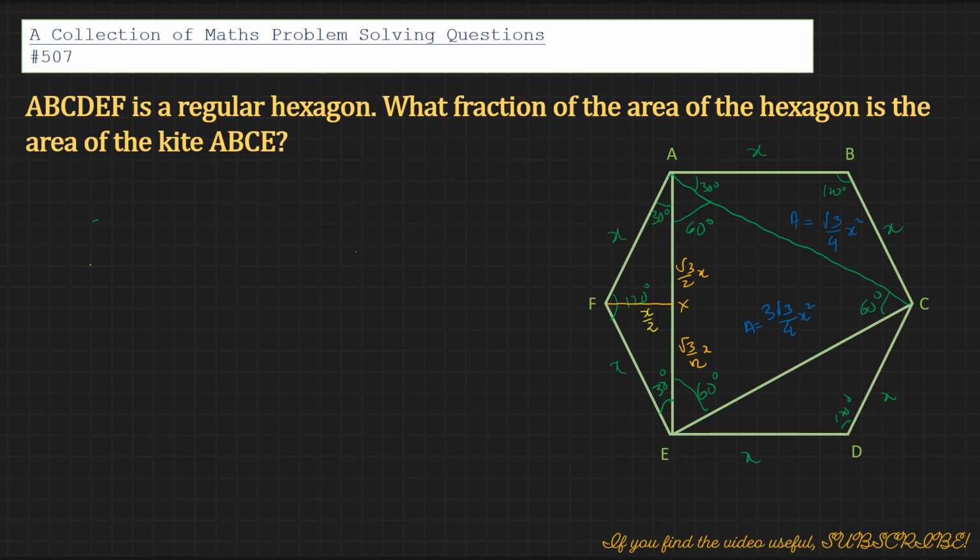I think you've already done it by now if you're following this video. So the area of the kite ABCE would be 3√3 out of 4 x squared plus √3 out of 4 x squared. So 3 plus 1, that would be 4√3 out of 4 x squared, that is √3 x squared. That's the area of the kite.